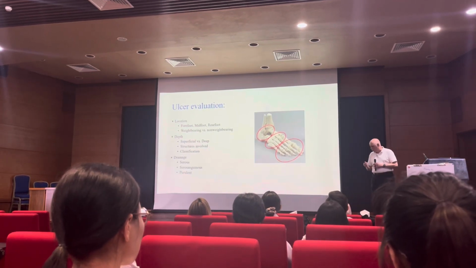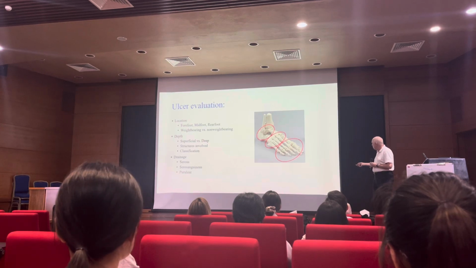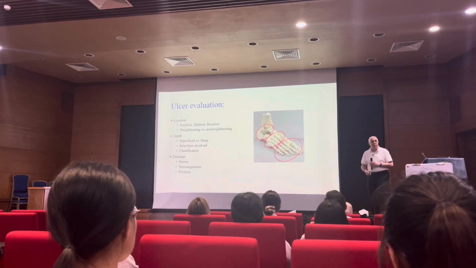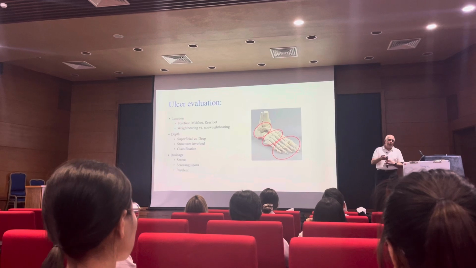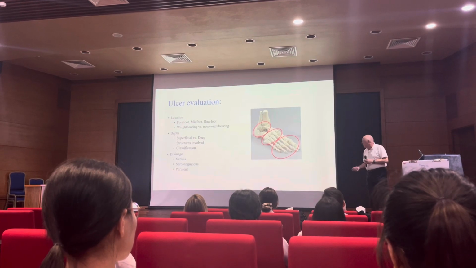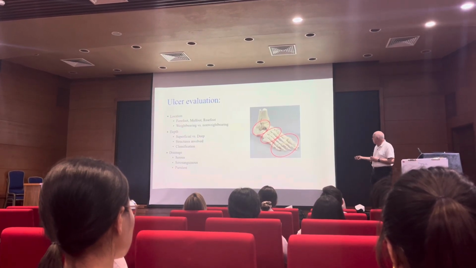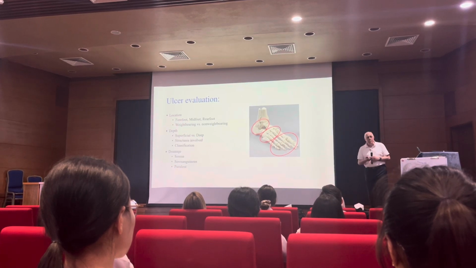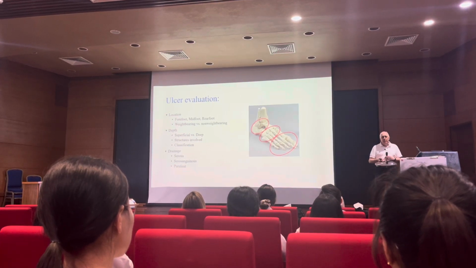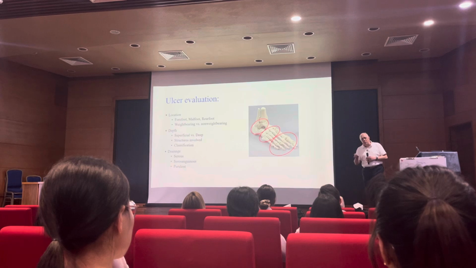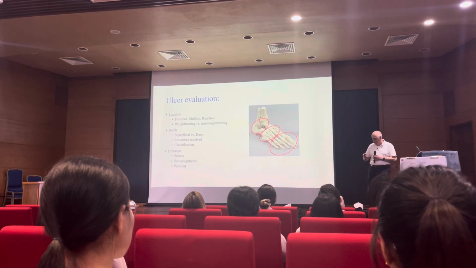The majority of ulcerations occur right here in the forefoot, on the ball of the foot. That's where moderate repetitive stress occurs. If you see an ulceration here in the middle of the foot, it's likely because of a Charcot deformity, a rocker bottom foot, or some type of mechanical problem.